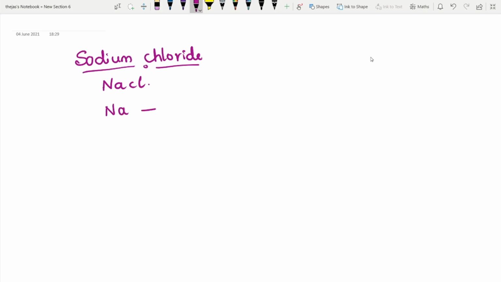If you see the electronic configuration of Na, you can see the electrons are arranged like 2, 8, 1 in the orbits. If you see the atomic structure, here we can find the proton and neutron in the nucleus, and in the first orbit we can find 2 electrons revolving around it.